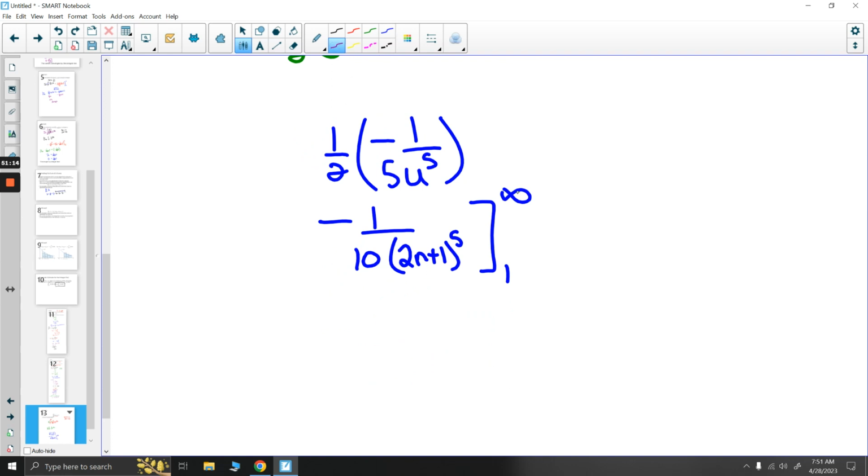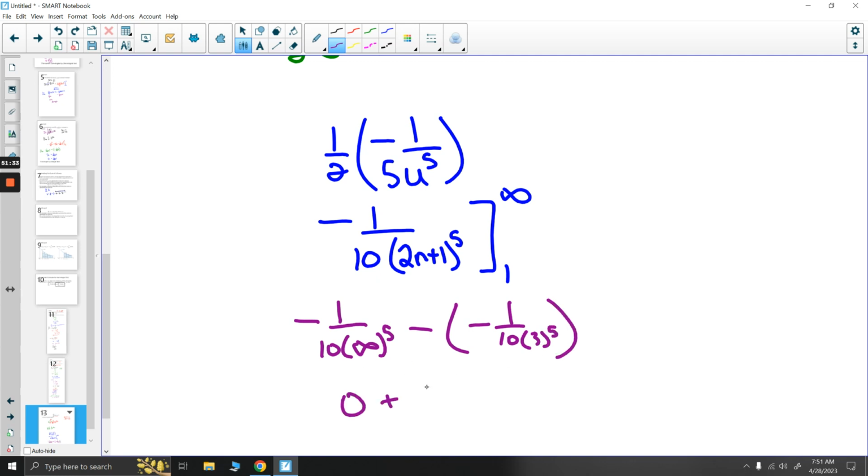All right, so we're just, again, checking to make sure that this converges. So this is negative 1 over 10 times infinity to the 5th minus negative 1 over 10 times 2 plus 1 is 3 to the 5th. So that means 0 plus 1 over 10 times 3 to the 5th.